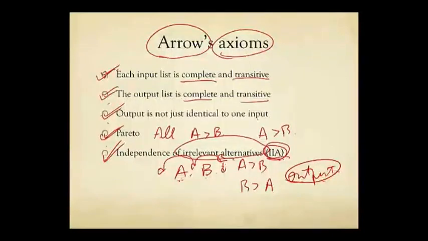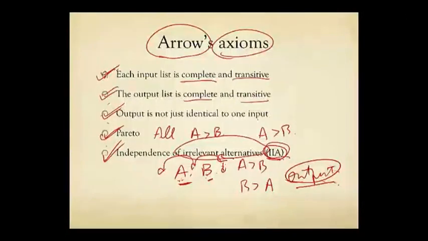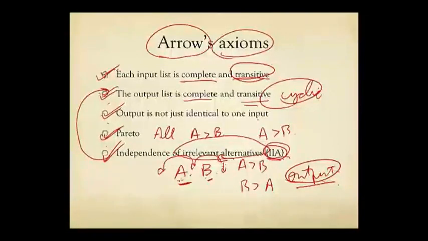Where other candidates sit relative to A and B actually should make a difference in the output. Without that, you actually can have transitive inputs and yet cyclic output. In other words, axiom 5 can preclude the existence of axiom 2.